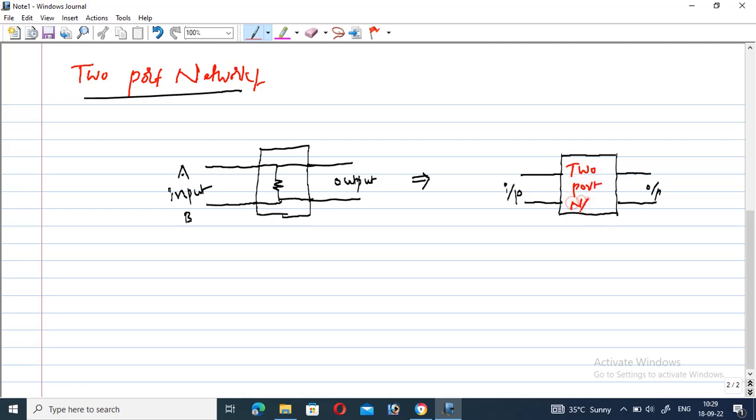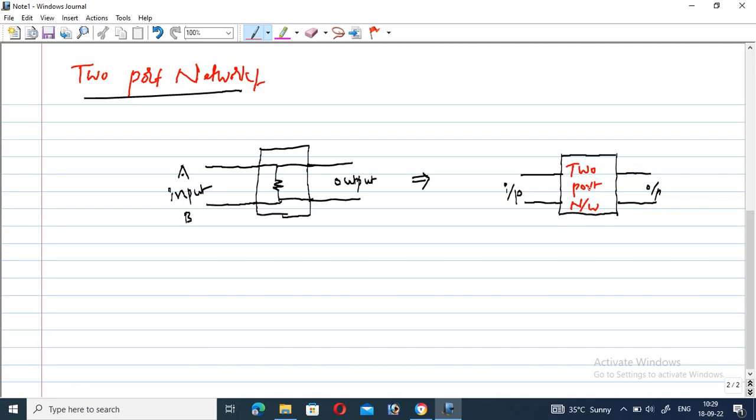So from this diagram, how can you define it? A two port network is a rectangular box consisting of two pairs of terminals. One pair of terminals is designated as the input, and the other pair of terminals acts as the output.